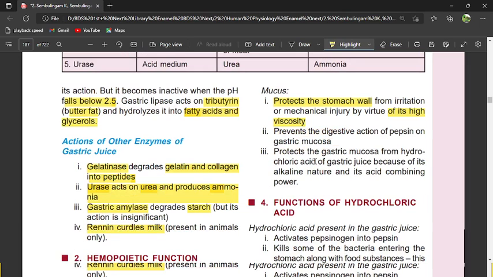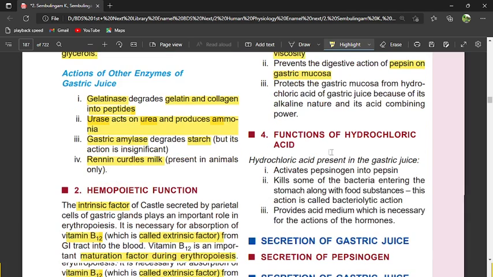It prevents the digestive action of pepsin on the gastric mucosa. Next, it protects the gastric mucosa from the hydrochloric acid of the gastric juice, because of its alkaline nature and its acid-combining power.